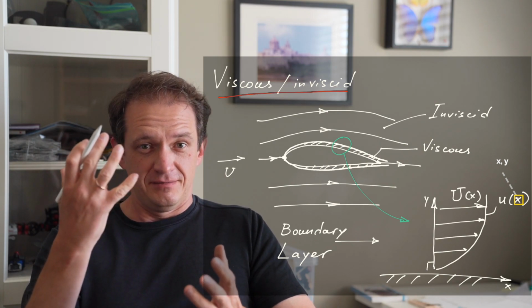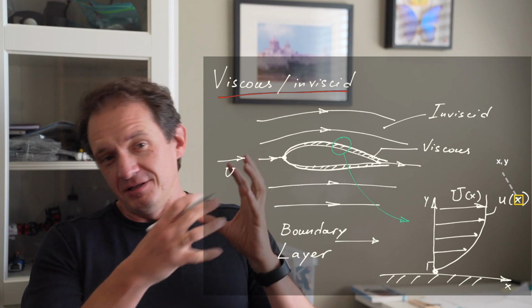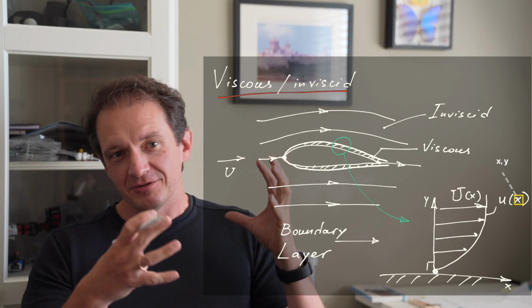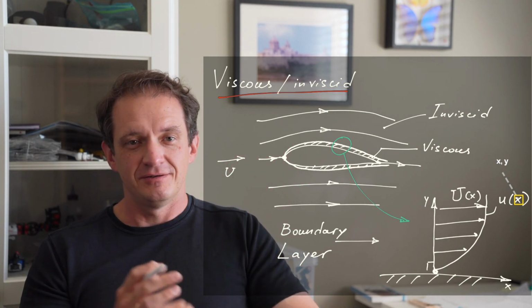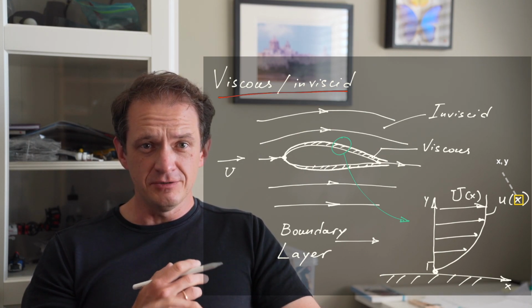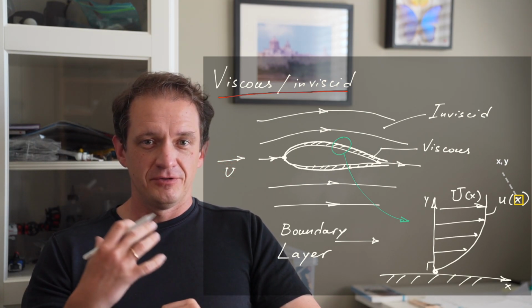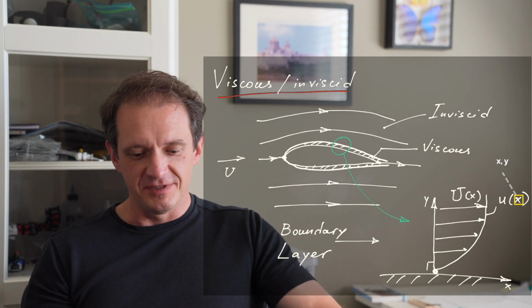It manifests a deficit in momentum. And if we integrate it over the surface, we get the drag force on the body that's immersed in the flow. So there is a region very close to the surface where the flow is viscous, and it is inviscid otherwise.